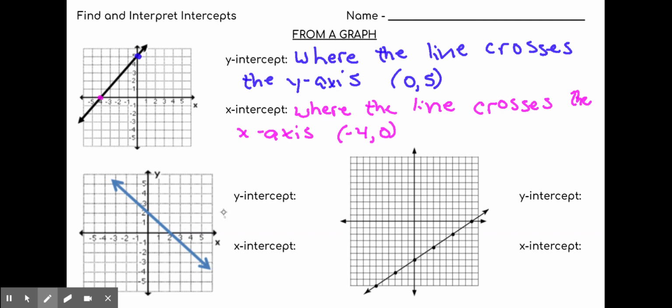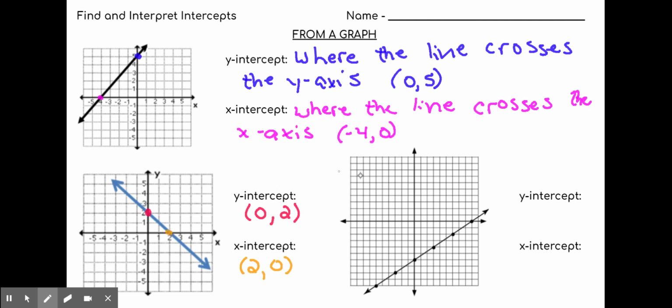Okay, so doing it from a graph is very easy. Why don't you tell me the coordinates of the y-intercept of this blue line? The y-intercept is the point (0, 2). Now give me the coordinates of the x-intercept. The x-intercept has coordinates (2, 0).